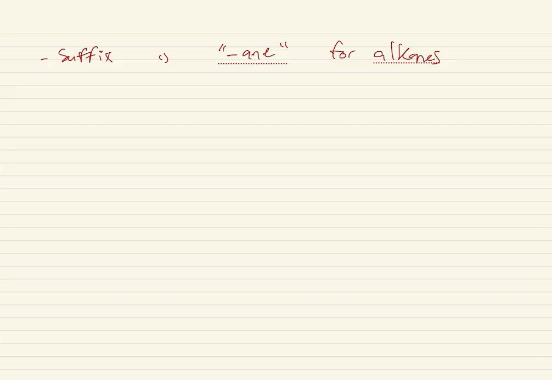So for example, if I draw this molecule, how many carbons are in this molecule? 6, right? So this is 1, 2, 3, 4, 5, 6.